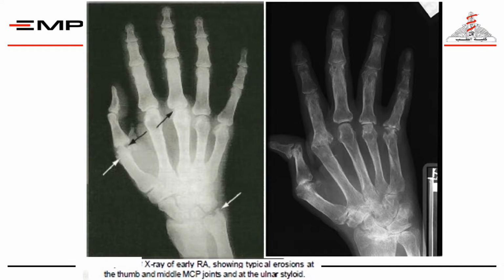On the right picture, there is subluxation and ankylosing of the intercarpal joints, and in the first metacarpophalangeal and interphalangeal joints of the thumb, and also in the index finger, there is a complete loss of joint space and ankylosing and subluxation of the second metacarpophalangeal joint, and here in the third proximal interphalangeal joint, and also here and here bilaterally.